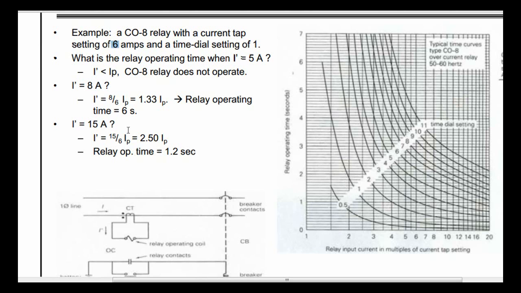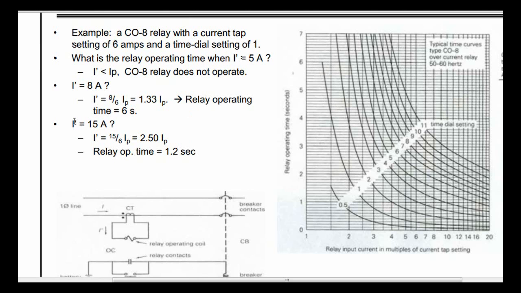So let's see here. For 8 amps, 8 divided by 6 is 1.33. So for the relay operating time, this is 1, this is 1.5, so 1.33 is around here, and the time dial setting is 1, so we are looking at this curve, and I will get something around 6.